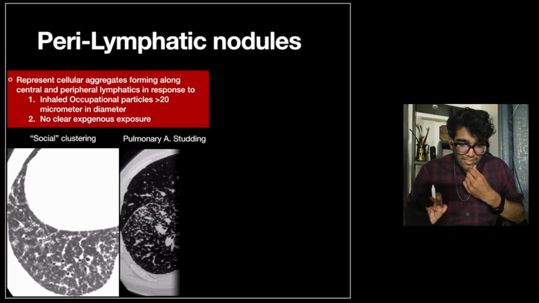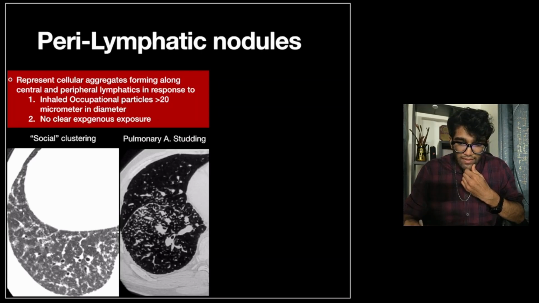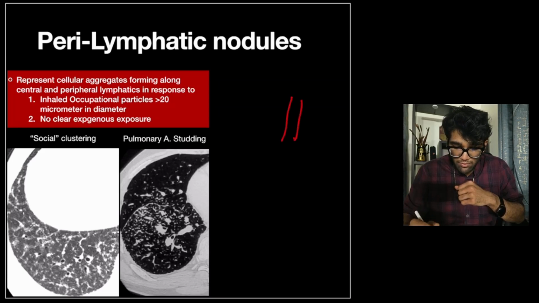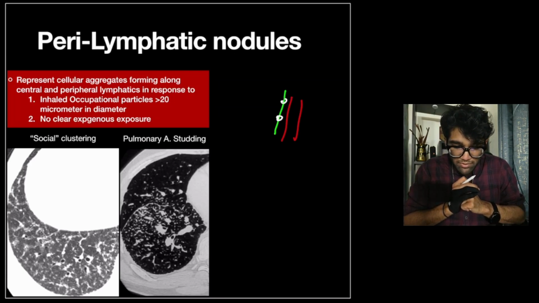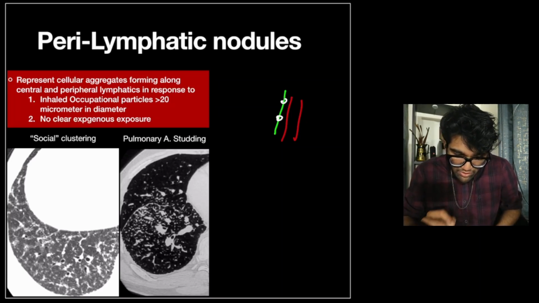Now, one very interesting thing, if you had noticed at the hilum, one of the lymphatics is passing right next to the pulmonary artery branch. It's all right next to each other. If you have opacities forming around this, they appear to almost be studding the pulmonary artery branch. That pulmonary artery studding is something very specific.